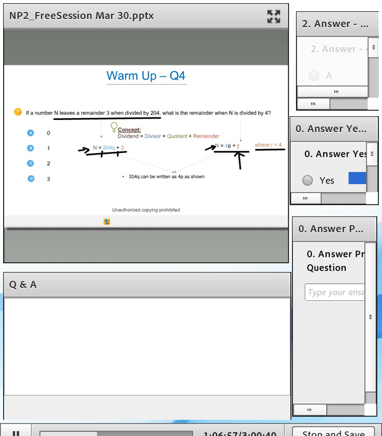We know that 204Q can be written as 4P as shown. 204Q is equal to 4 into 51Q. So you have to express this term in the form of 4P so that the remaining terms can then give you the remainder. That is what the whole approach over here is. So what you are able to now see is that 204Q is just another form of 4P, which means the remainder is 3. So the answer is choice D.